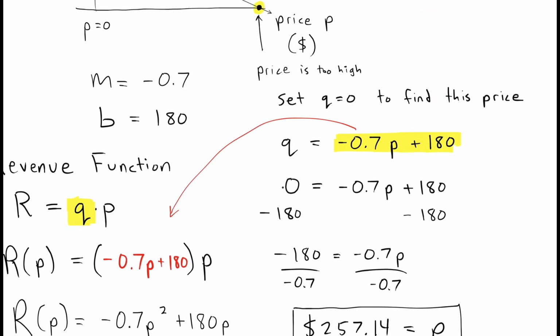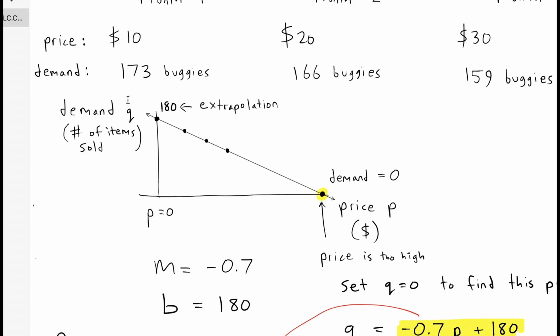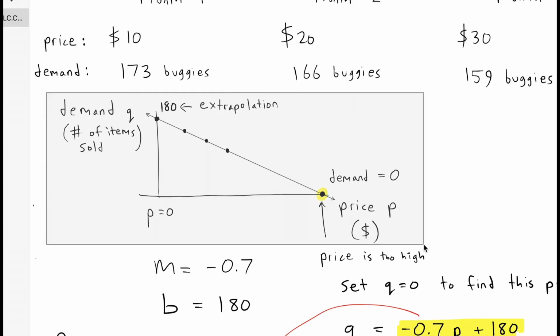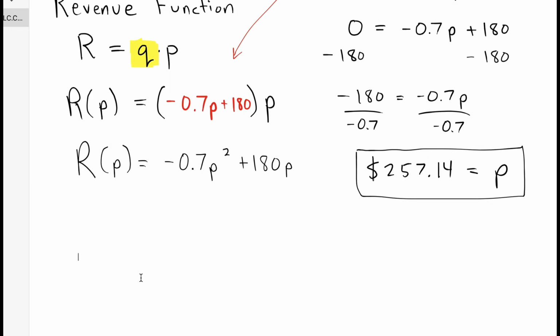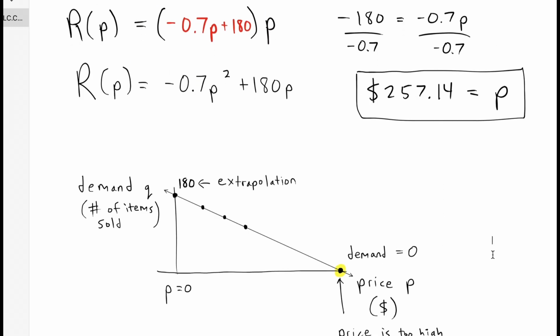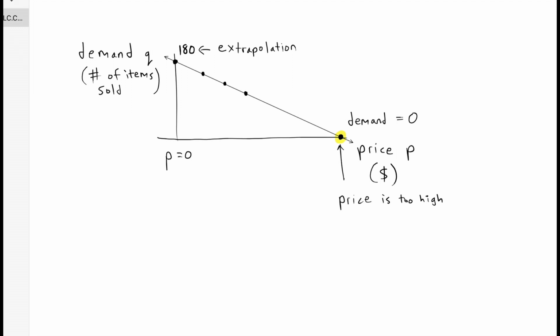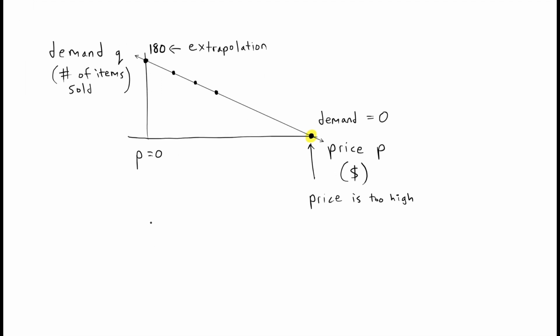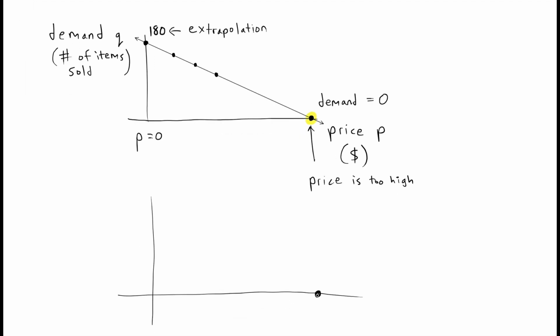I'm going to draw it next to this graph here because they're kind of at very different scales right now on the Desmos. There are intercepts for this parabola occurring at the origin and also below the intercept of the demand equation. And the rest of the parabola just looks like this.